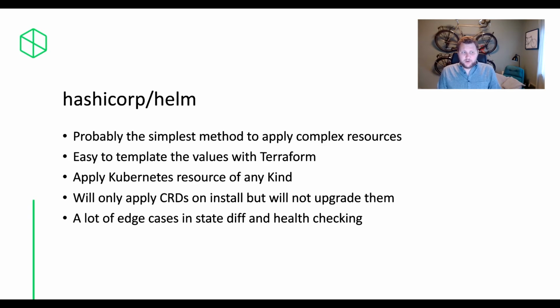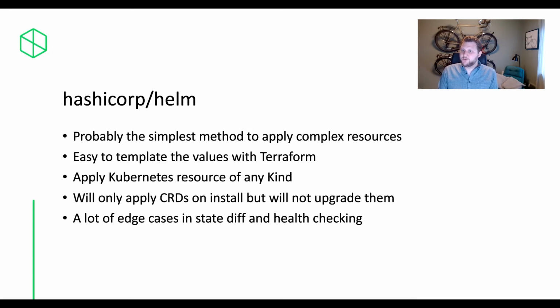Another issue, which is also not the provider's fault, is that there are a lot of edge cases when it comes to state diffing and health checking. So making sure that a container is actually starting, making sure that the manifests that are generated by Helm are actually present in the cluster.